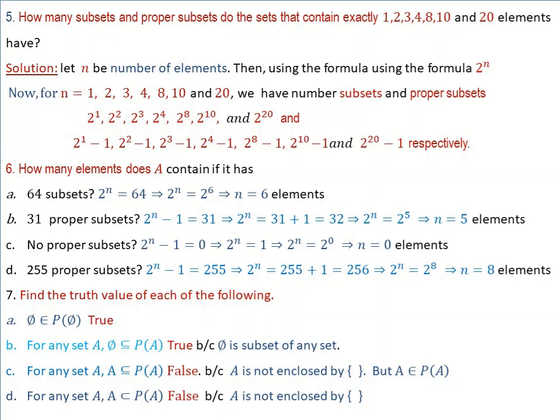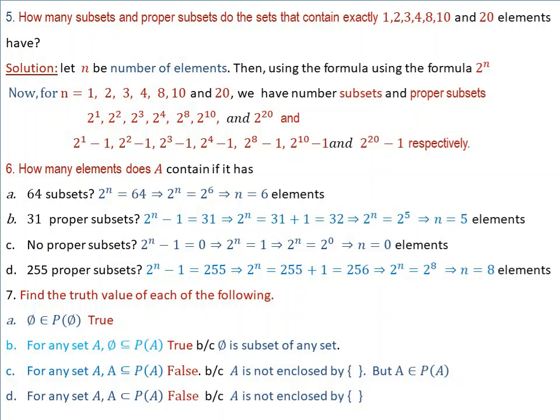Then by adding 1 to both sides we have 2 to the power of n is equal to 1, but 1 is 2 to the power of 0. Therefore 2 to the power of n is equal to 2 to the power of 0, then as a result n is equal to 0.